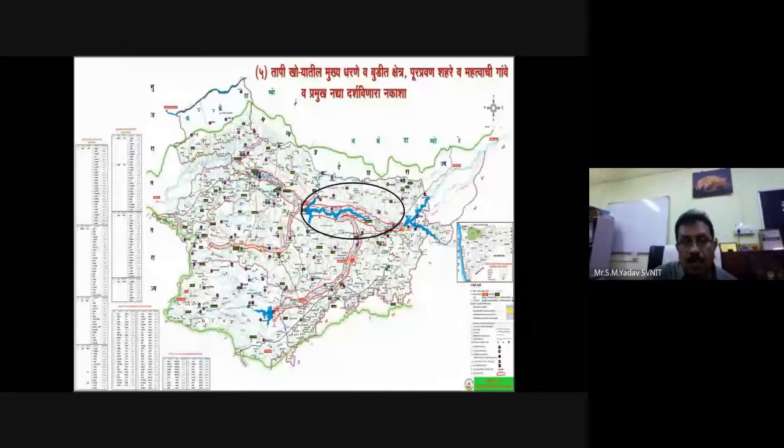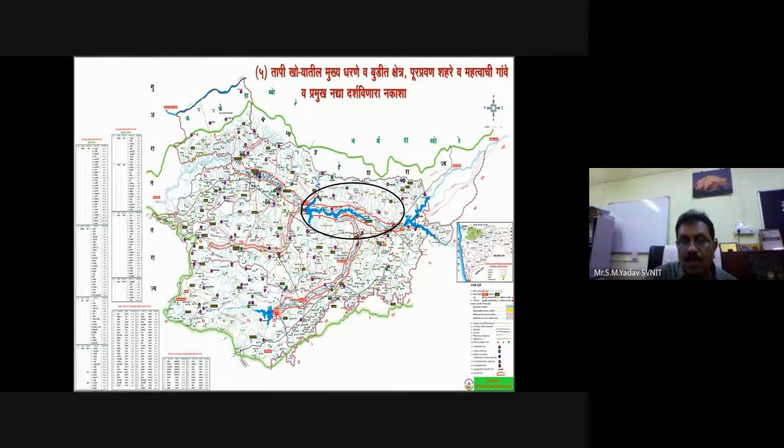So to tap the water potential of this entire basin, the outcome of our analysis also suggests that even if there are no releases from Hatnur Dam, heavy rainfall in the Girna basin may lead to floods in Tapi River.